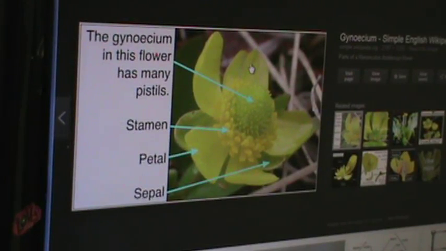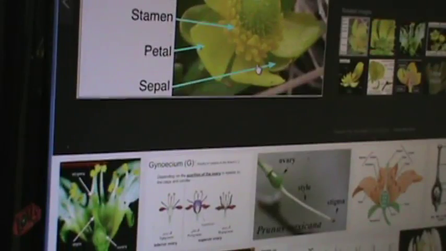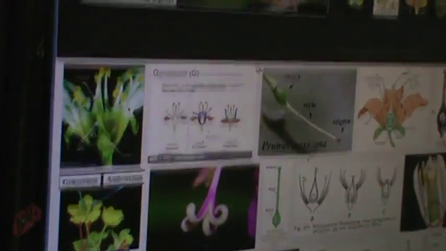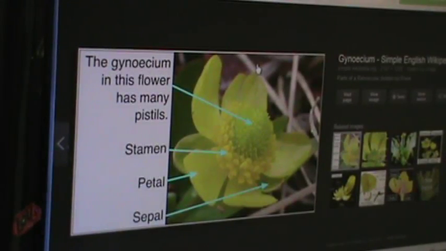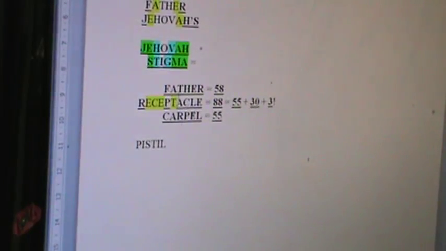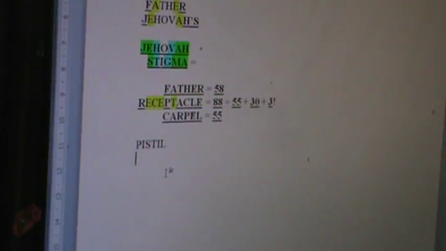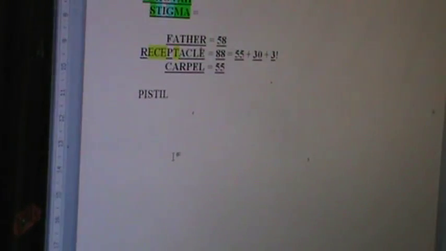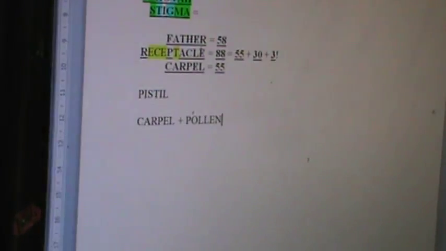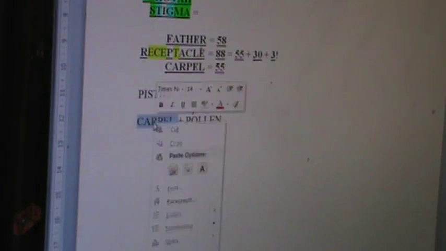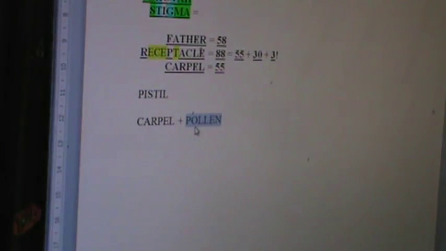Okay. Pollen equals Jesus. You're like, wow. So what was the, oh yeah, carpal. So let's just do the obvious. Let's just say carpal plus pollen. Let's do that, because you have this obvious Father, this obvious Jesus.